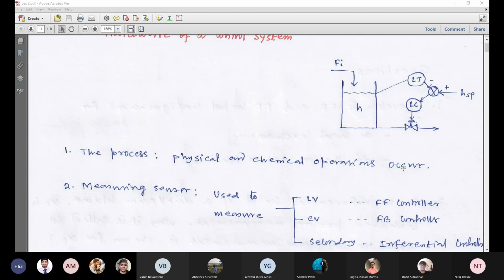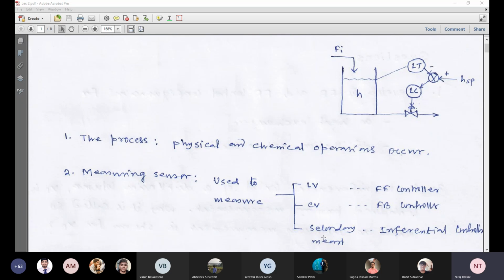Next, what we are doing, we are measuring the liquid height, you see. So our second hardware element involved in a closed loop system is the measuring sensor. Based on our previous discussion, we can tell that the load variable we measure for feed forward controller, control variable we measure for feedback controller, and secondary measurement is involved in the inferential controller.